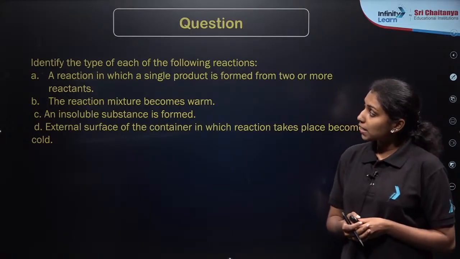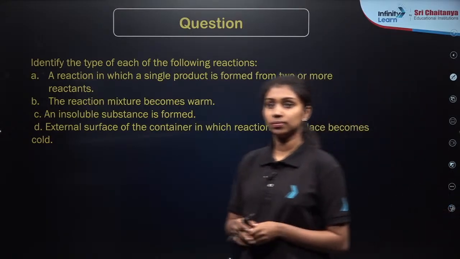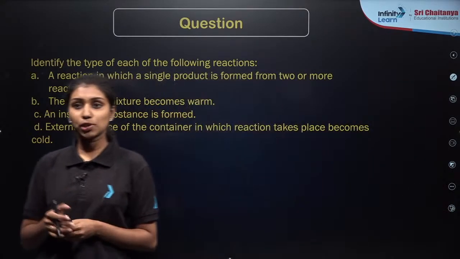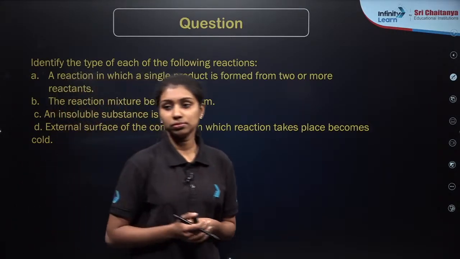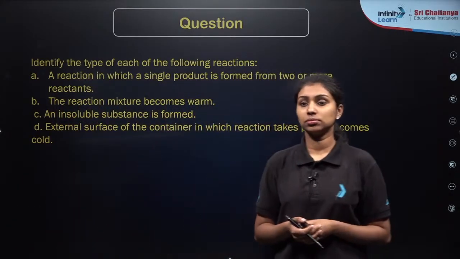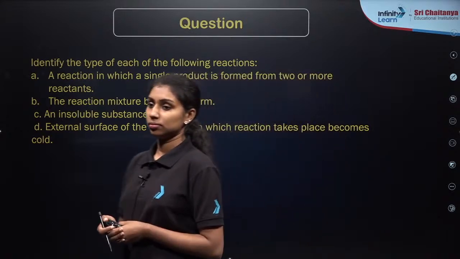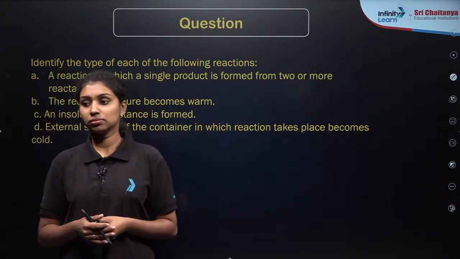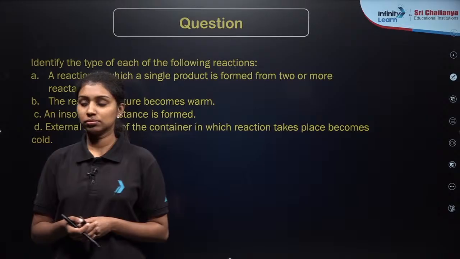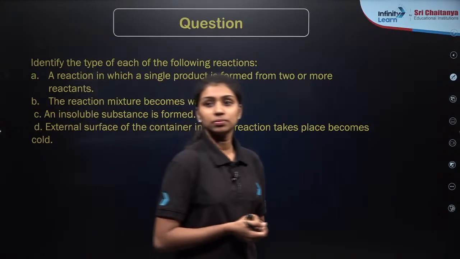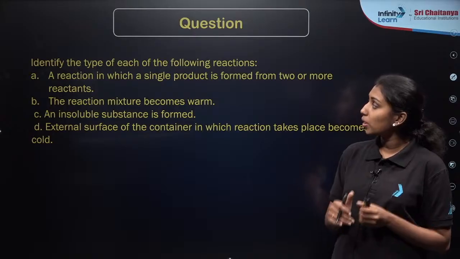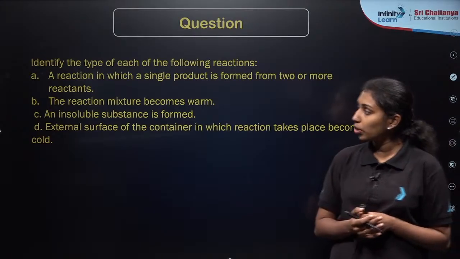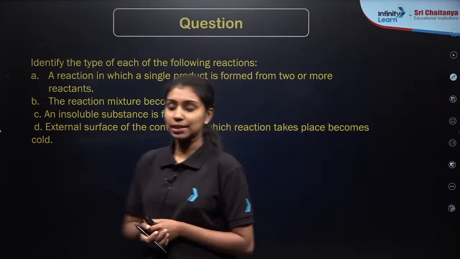Identify the type of each of the following reactions. Again, the question is based on the types of chemical reactions. So if I am asking about the first reaction, a reaction in which a single product is formed from two or more reactants, which type of reaction is it?